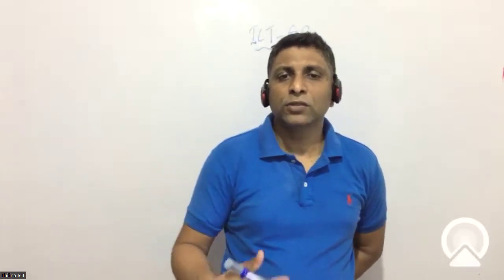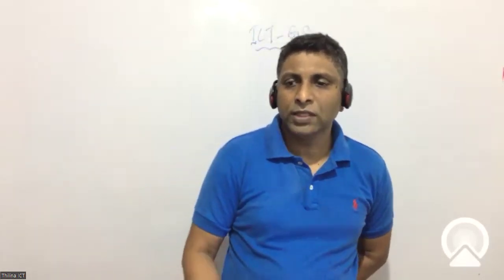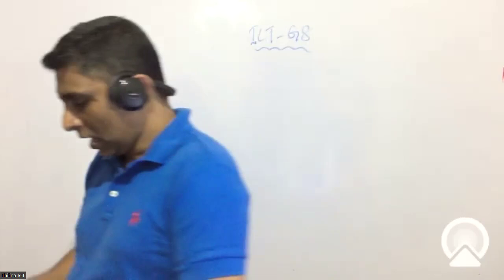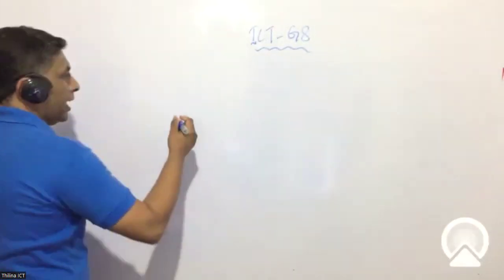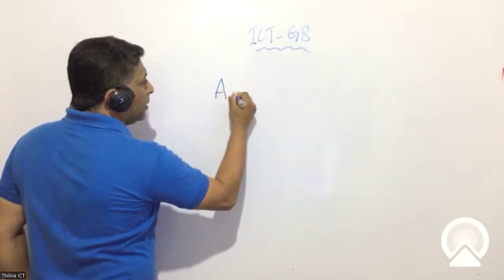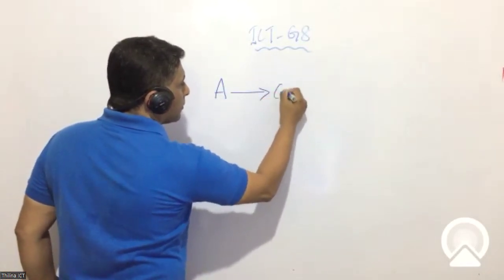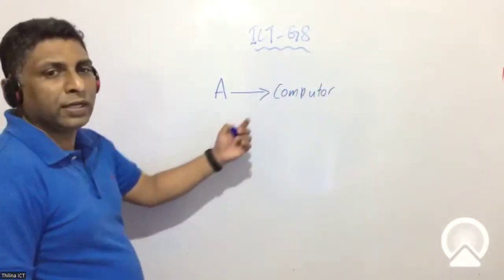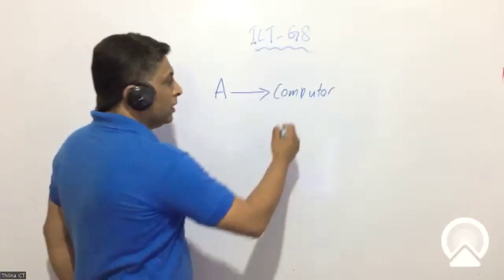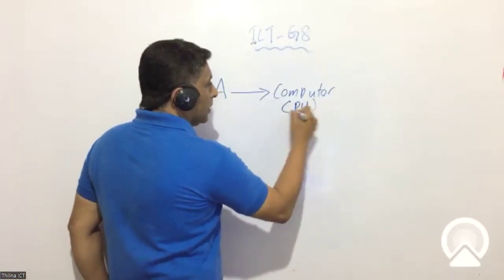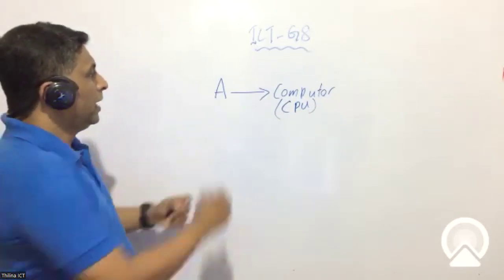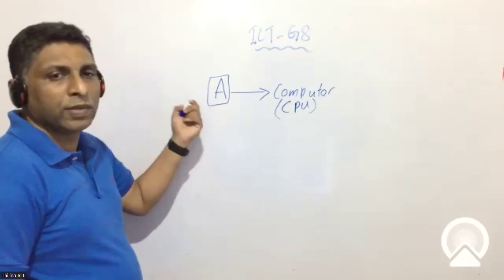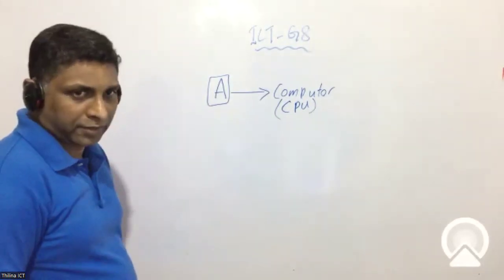We need to convert them into the computer understandable language, otherwise the binary number system. As an example, we need to send the letter A to the computer. The CPU doesn't understand letter A. That's a human understandable character.